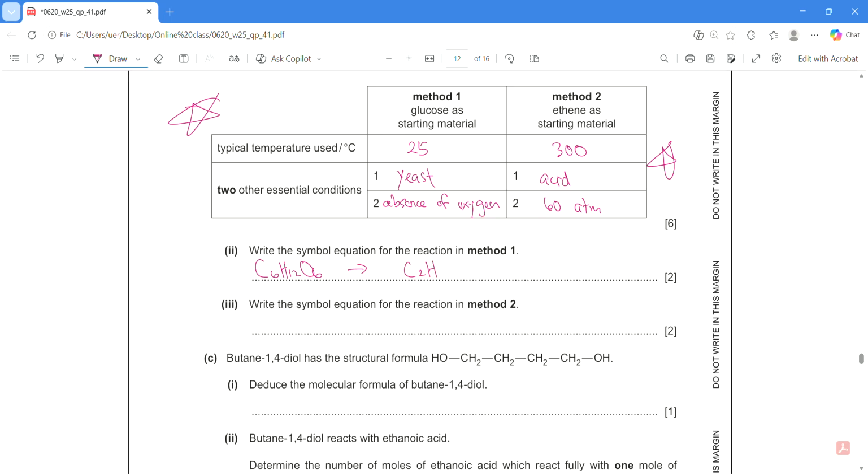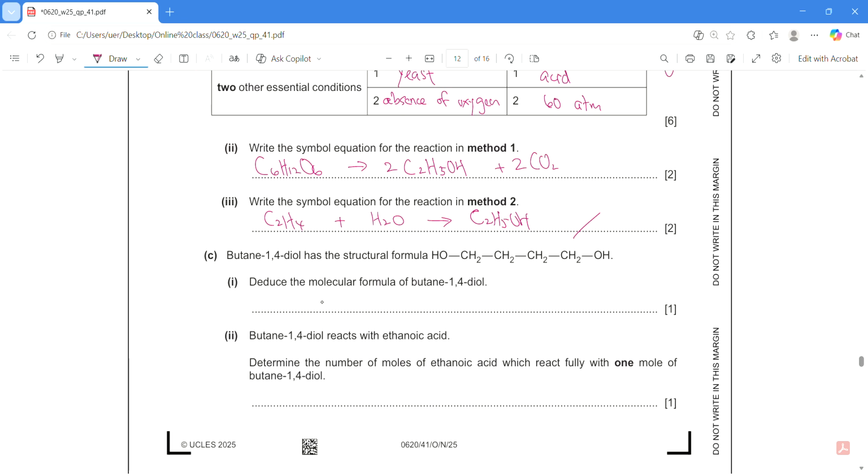It will break down into ethanol, C2H5OH, plus carbon dioxide from respiration, and then balance it. Okay, for method 2, ethene, C2H4, plus the steam, H2O, give you C2H5OH, done.